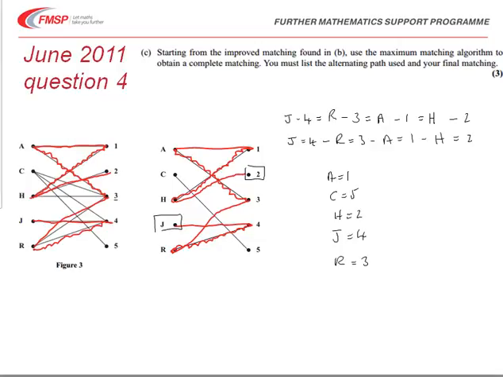The marking this time, there was a method mark and an A mark for the alternating path and changing its state, and a final A mark for this final matching. So 3 marks there for that part of the question.